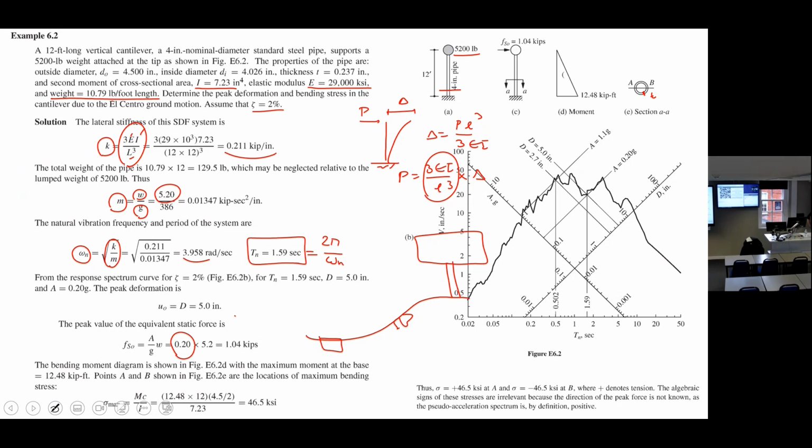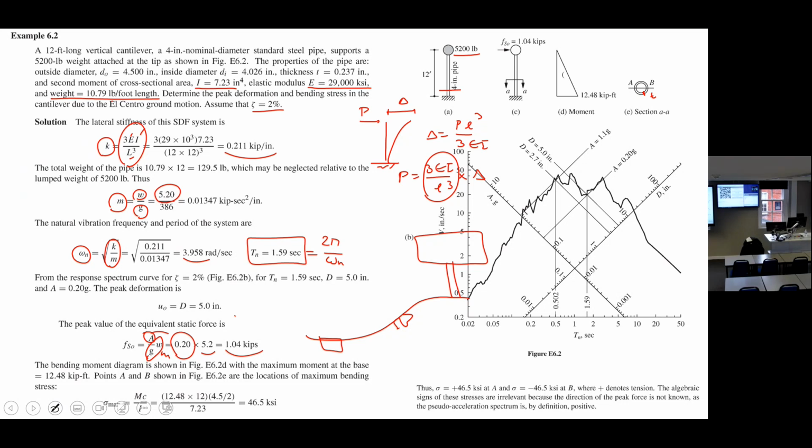Keep in your mind, this is the spectral acceleration and this is the mass. If you multiply 0.2 g by your mass, you will get your design force, and 1.04 kips is your design force.